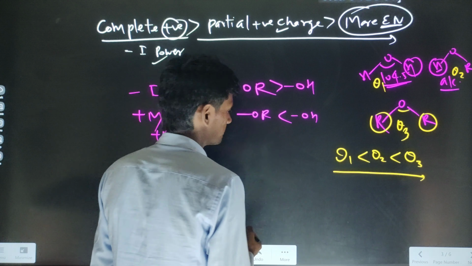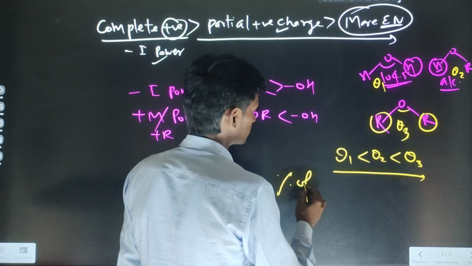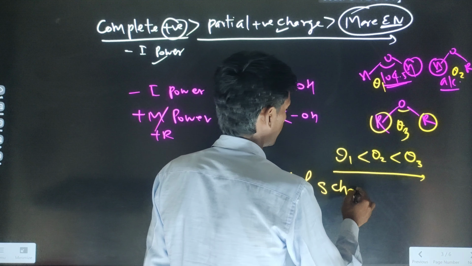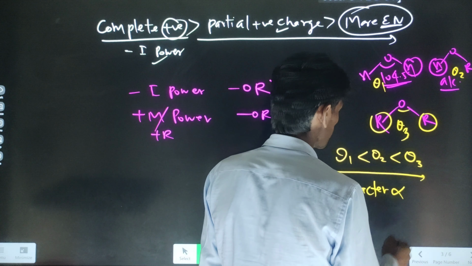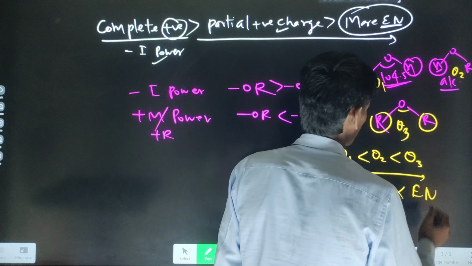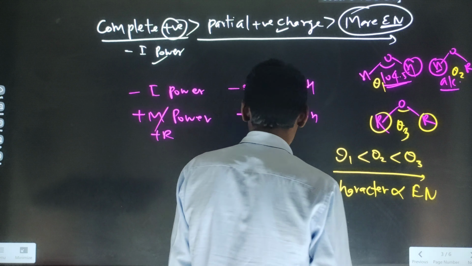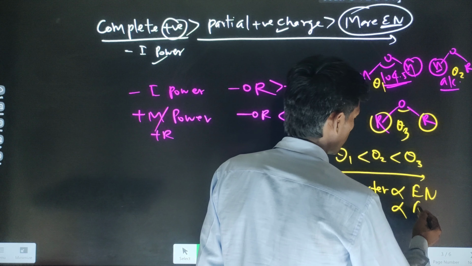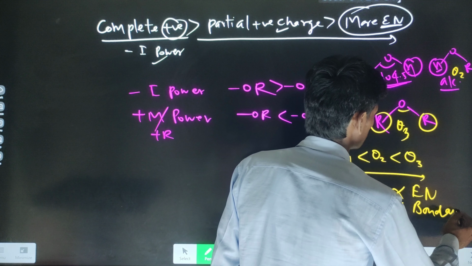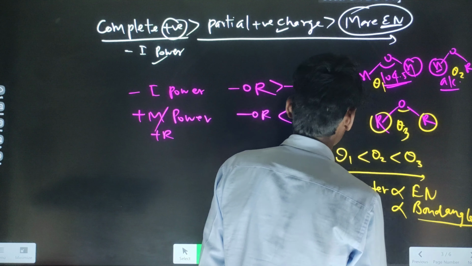We know that the percent of S character is directly proportional to electronegativity. In other ways, percent of S character is directly proportional to bond angle. Means if bond angle is more, then percentage of S character is also more.